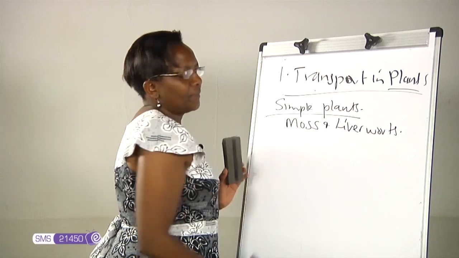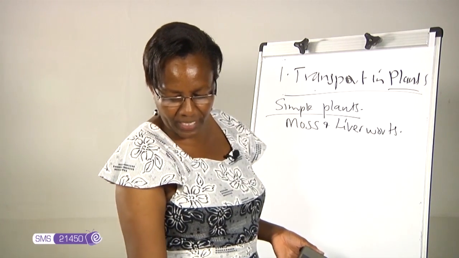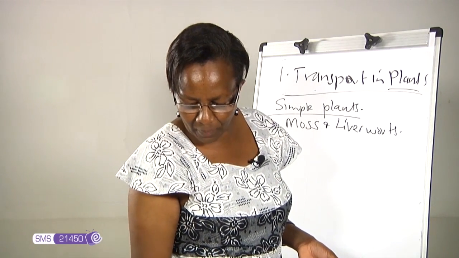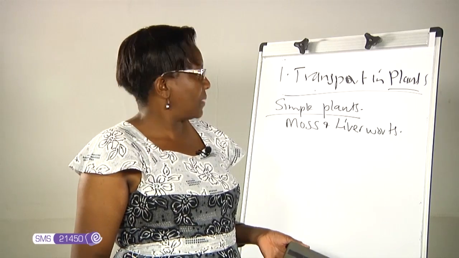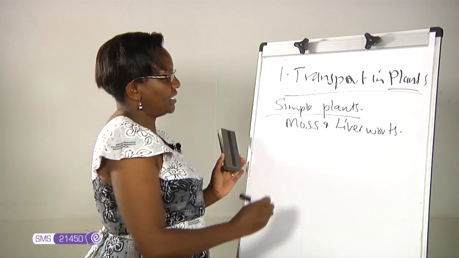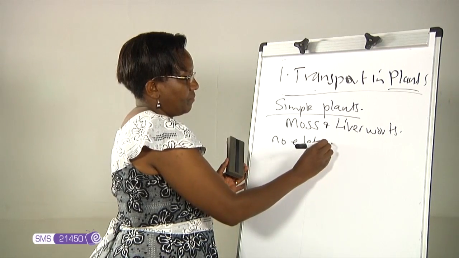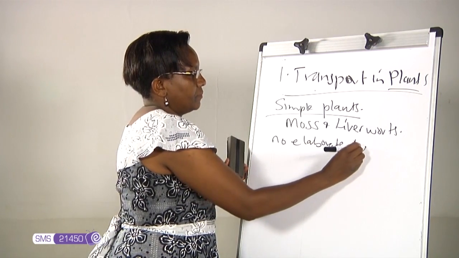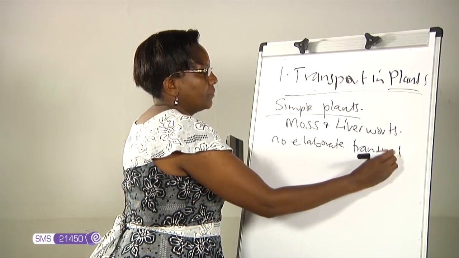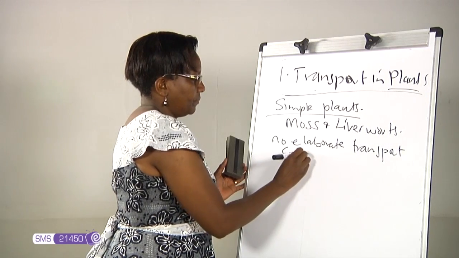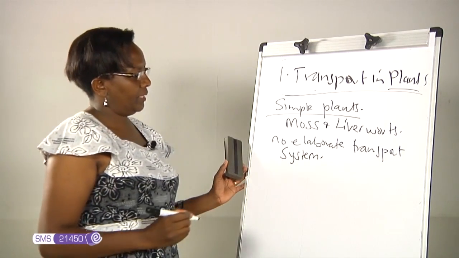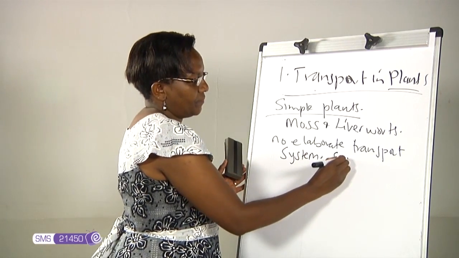The moss and the liverworts, we consider them as the simple plants. Now, these simple plants do not have an elaborate transport system. Why? Because they are small in size.